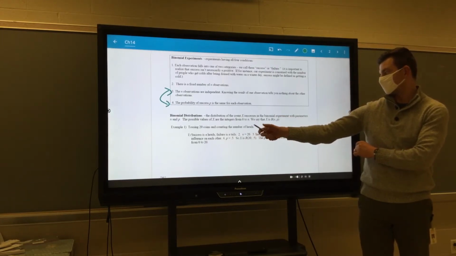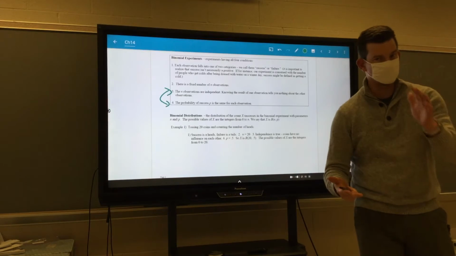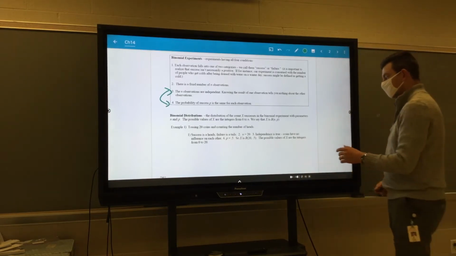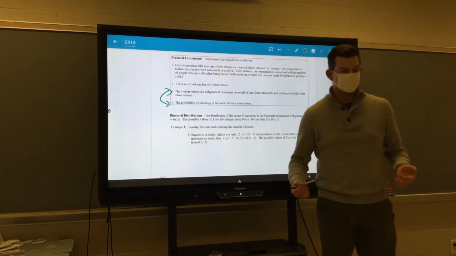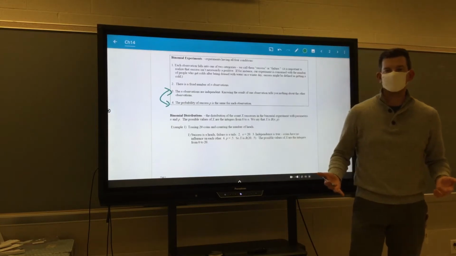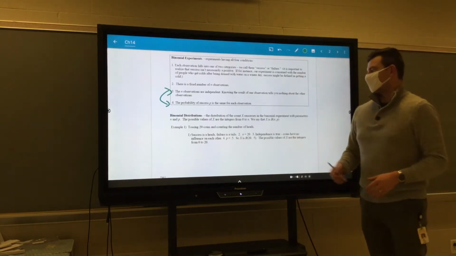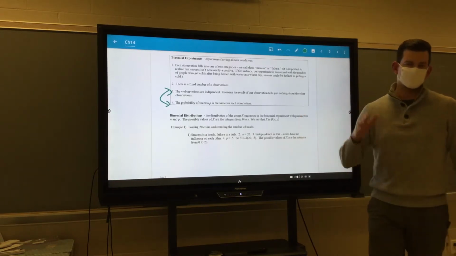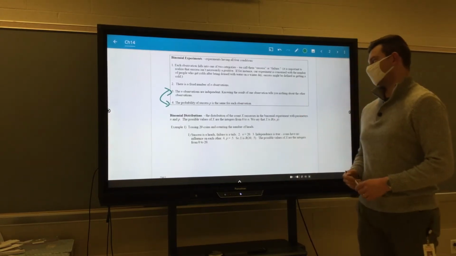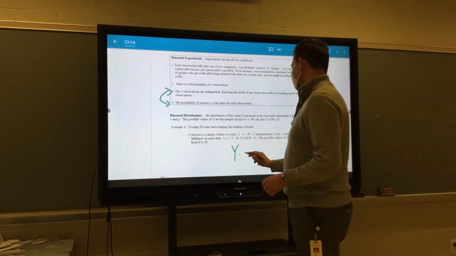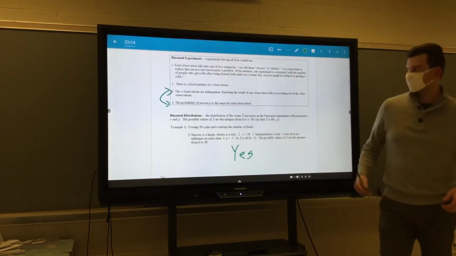Condition 2, flipping the coin 20 times, so a fixed number of observations, that's good. Independence, yeah, we know that coin flips are independent. One flip's outcome doesn't impact other outcomes. And lastly, fixed probability, 50% for every flip. So yes, this does satisfy that binomial model.